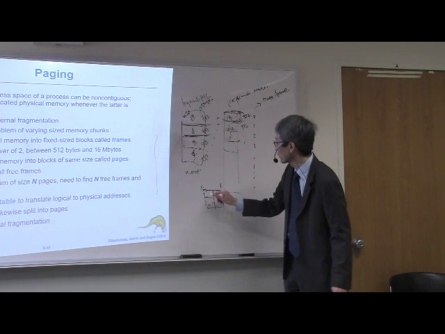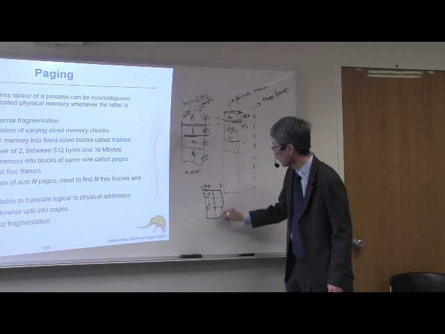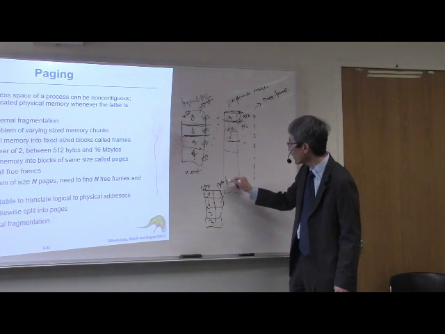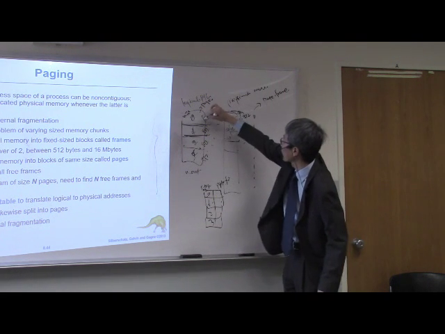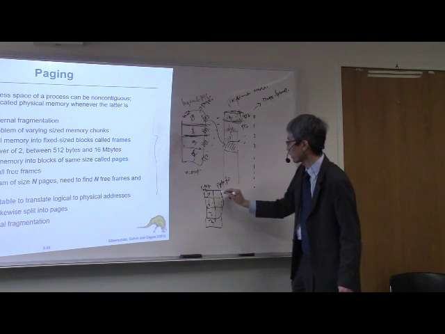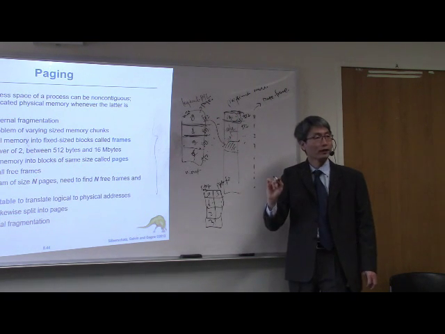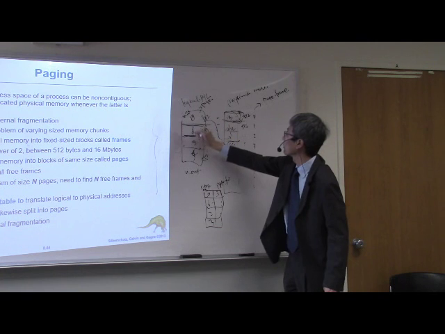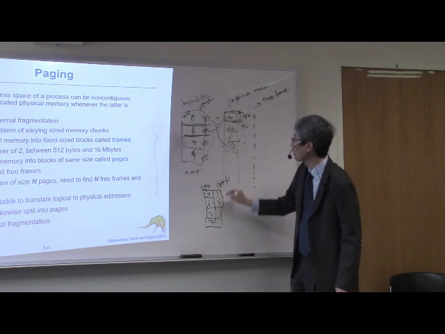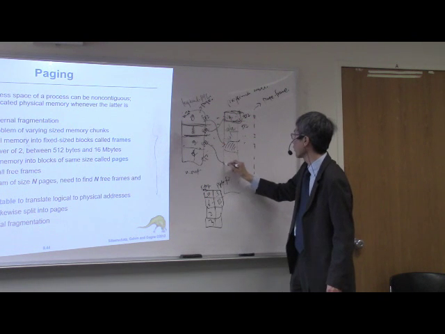For example, page numbers 0, 1, 2, 3, and this is the page frame number. Page 0 is loaded into frame 3. Then page number 1 is loaded into page frame number 0. This one is loaded into 5.